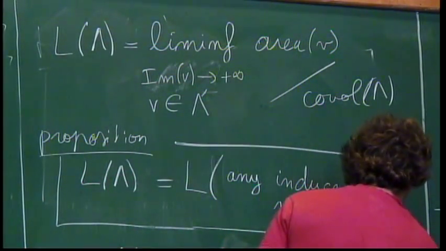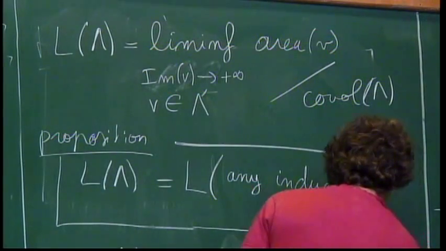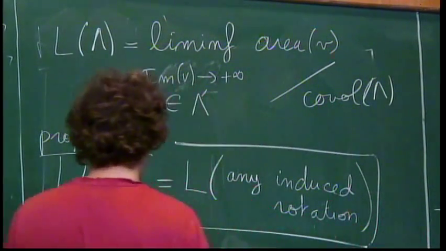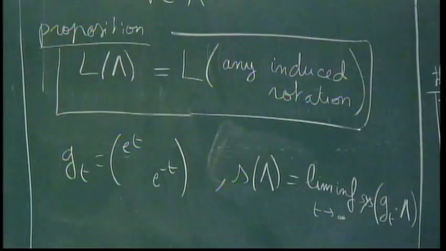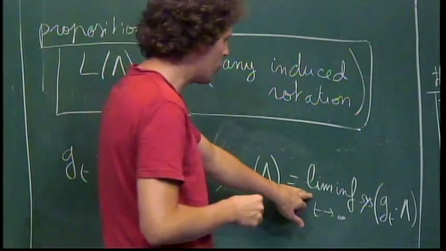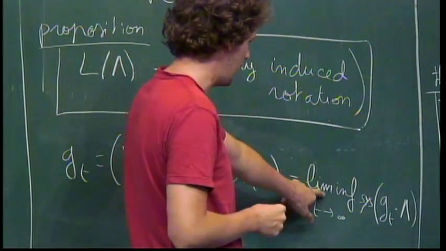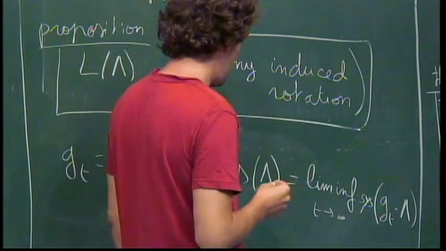You modify your lattice, and you look at the shortest vector in your lattice. After you apply this exponential matrix, this is another point which will come closer. And so you are measuring the smallest one that you see infinitely often.